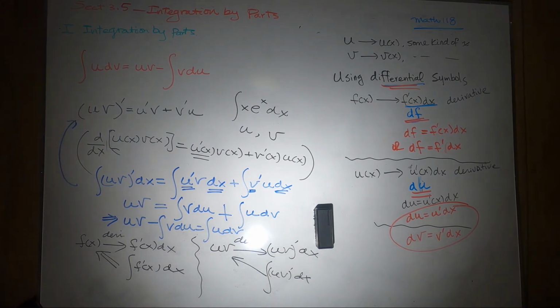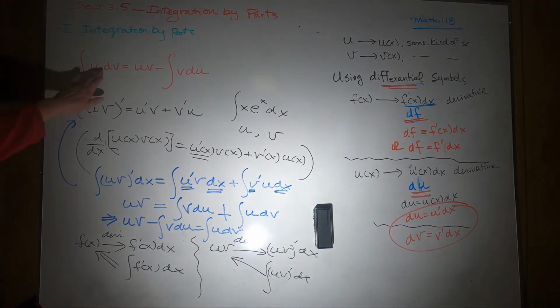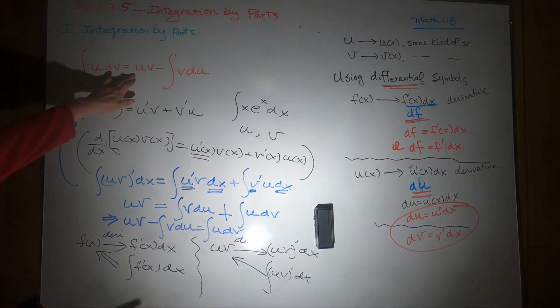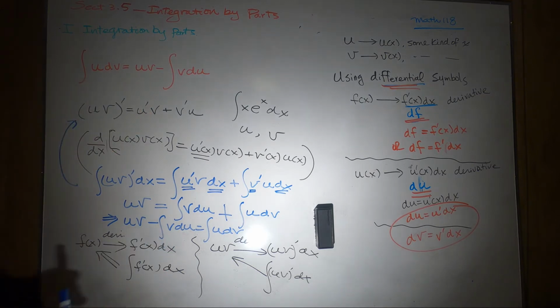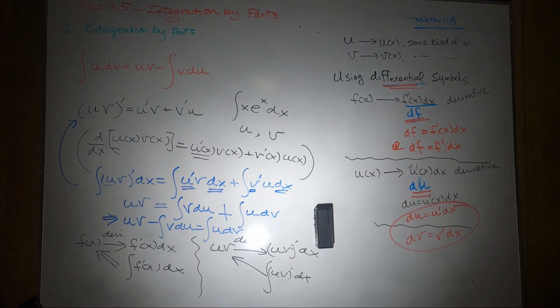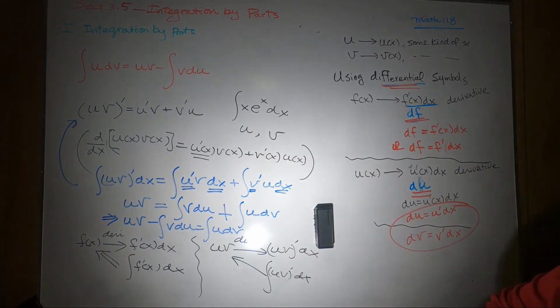That's the formula: the integral of u dv equals uv minus the integral of v du. Super confusing, right? Okay, so that's the formula.